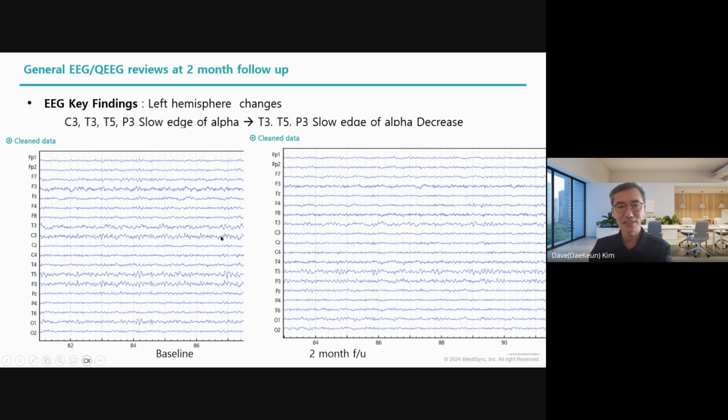The C3 is substantially decreased. In T5 the slow wave is decreased a little bit. P3 has decreased a little bit. We can see this in the clean data.